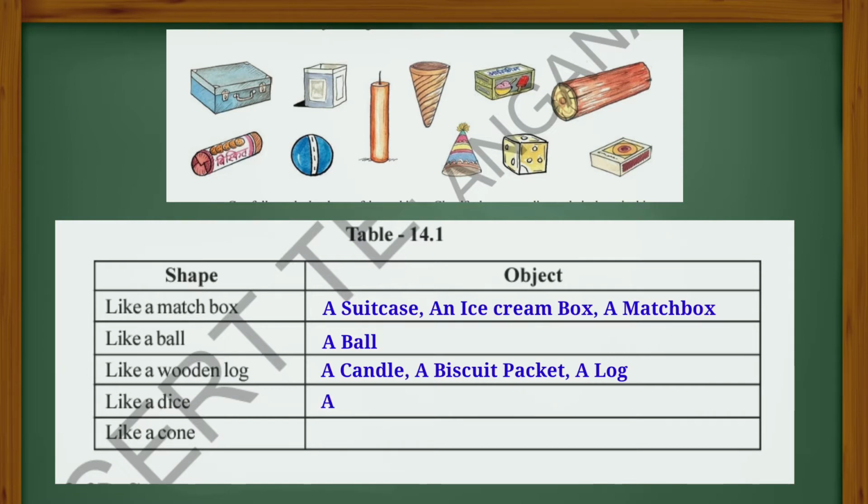Yes, a box is there and a dice is there. Isn't it? Yes. Now, identify like a cone. Yes, an ice cream cone is there. A joker hat is there. We have written all the objects' names in the table.